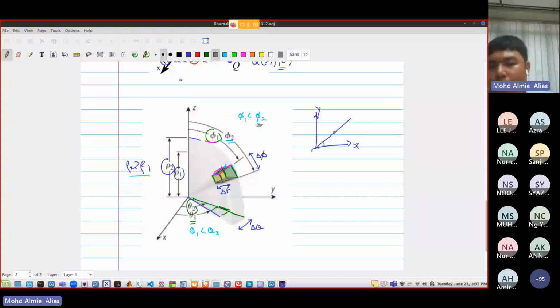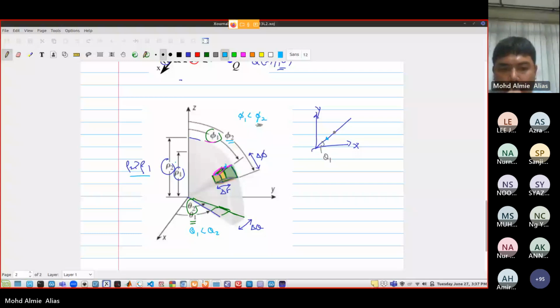Let's say this is theta 1. If you move this point closer to the origin, the angle is still theta 1. It doesn't change as long as it lies on the same line. This is also true here, so this is delta theta, this is delta theta, this is delta theta, and this is delta theta.